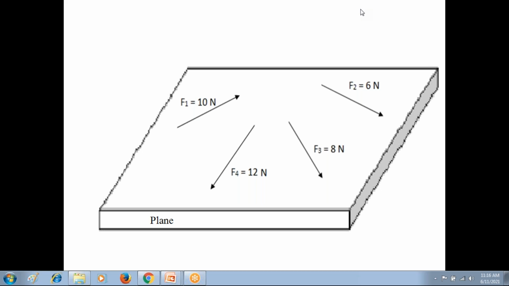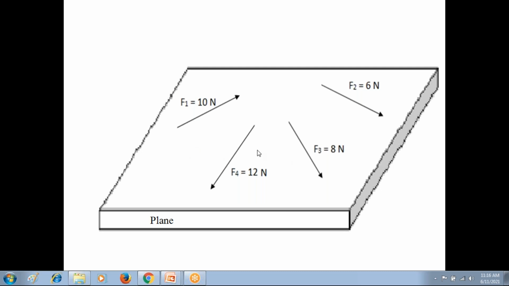What I am asking is, please everyone listen, what is the relation between the collinear force system and the coplanar force system? Please listen carefully. In the collinear force system, the lines of action of all forces are on the same straight line.